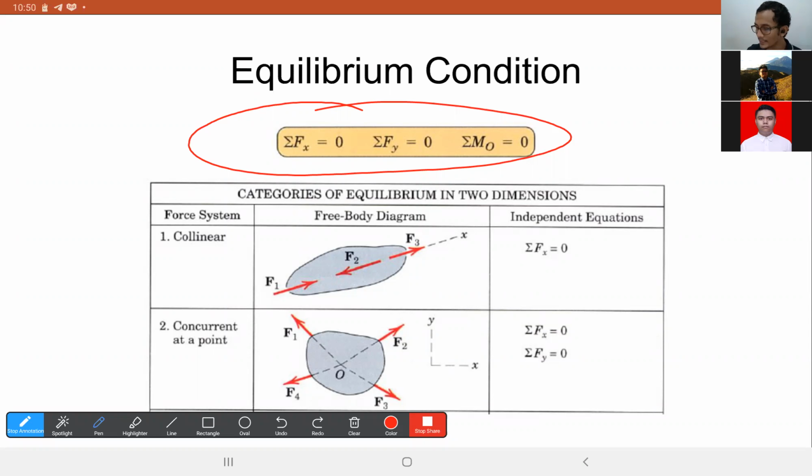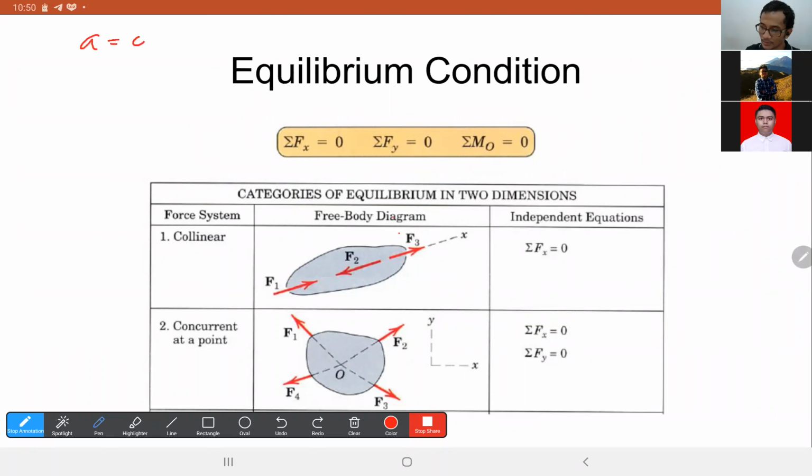What happens if a body is in the equilibrium condition? There will be no acceleration. The acceleration will be zero, and the angular acceleration will be zero as well. This is what will happen if a body is in the equilibrium condition.